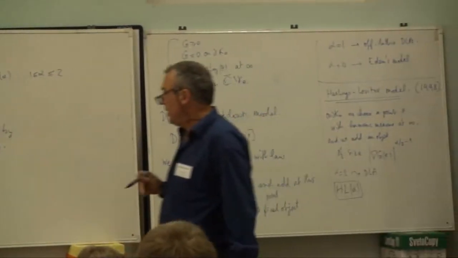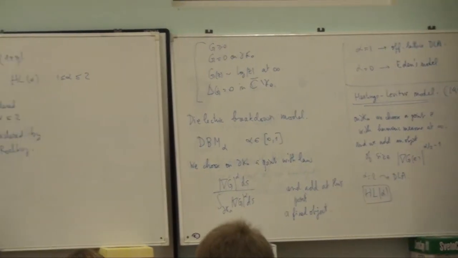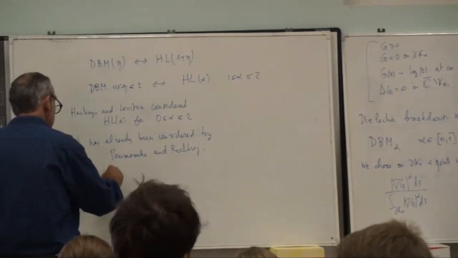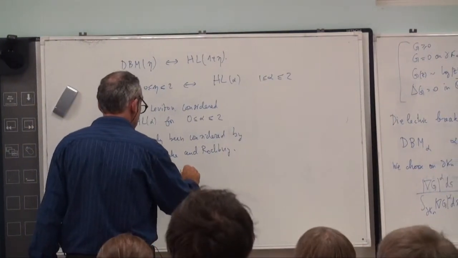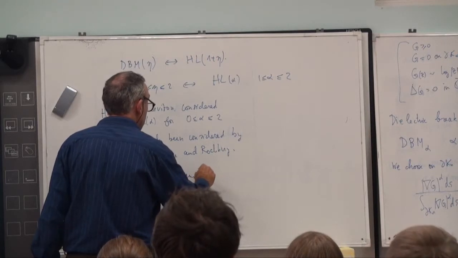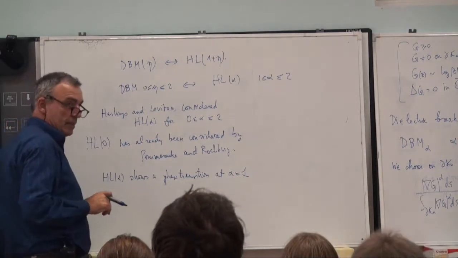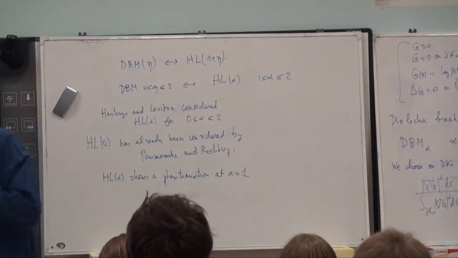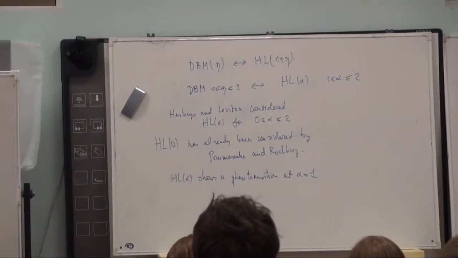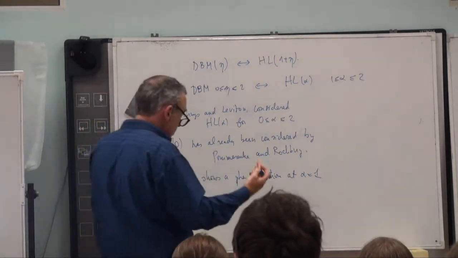So they predicted that HL alpha shows a phase transition at alpha equal 1. Okay, and that for alpha less than 1, the growth is rather rapid, with high speed, and for alpha greater than 1, it is rather slow.